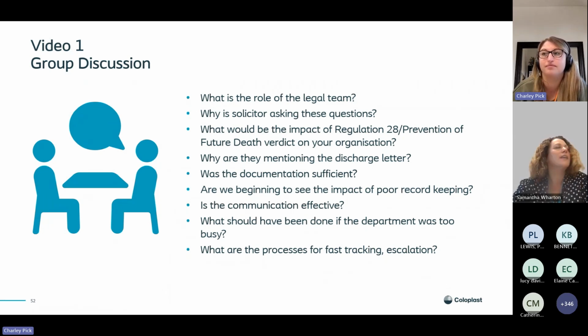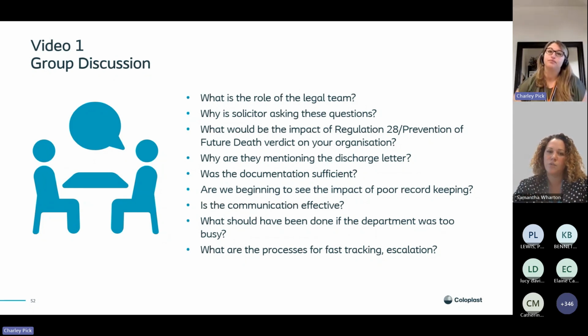But also I'm just thinking now, if you are in a situation where you are working in an A&E department, that needs to be escalated to your senior leaders, because there are processes that can be put in place. I know in my trust where I worked, there was a facility to get ambulances deferred to other hospitals to ensure that you can manage the flow.